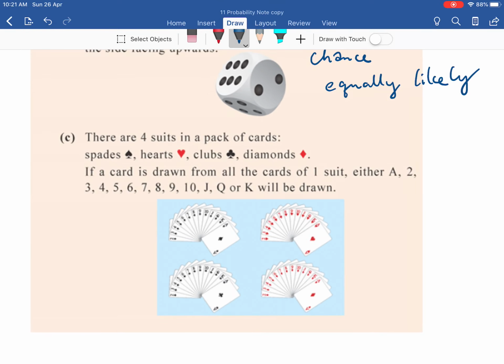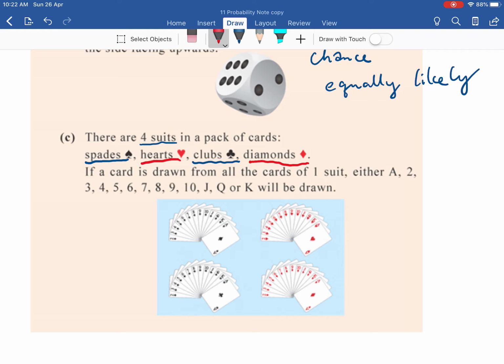Then we go to playing cards. First, we know that there are four suits, namely spades, which is black, and clubs, which is black, and hearts and diamonds are red. And in each suit, there are 13 cards.